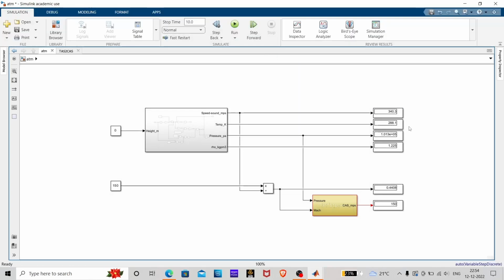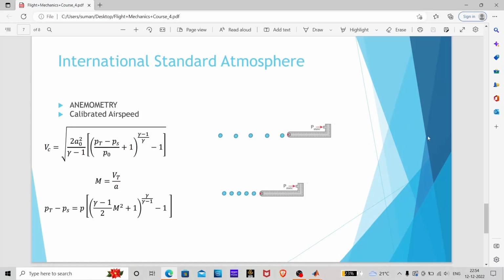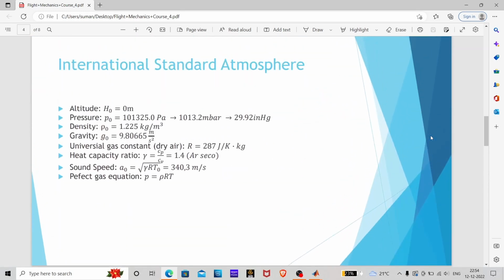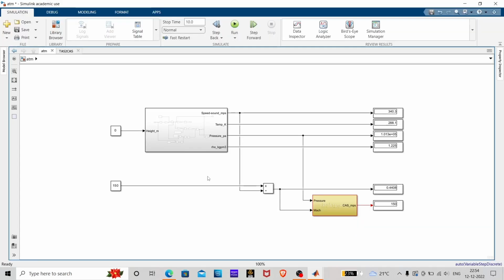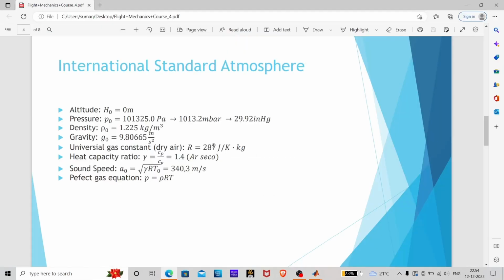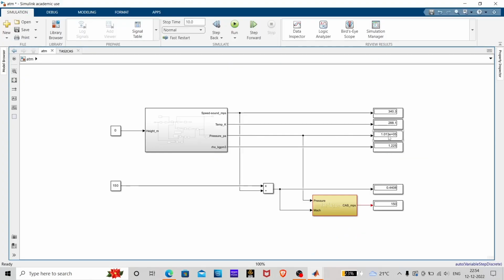As we can see from the international standard atmosphere, at sea level the speed of sound was 340, and the pressure was 101325 pascals. This was the 288, and this was the density, this is the Mach number, this is the calibrated airspeed.